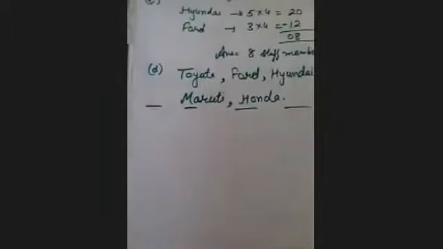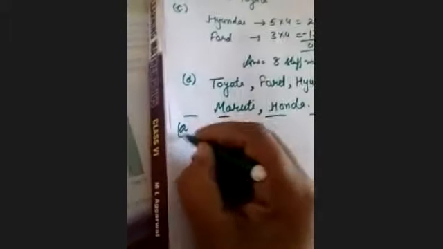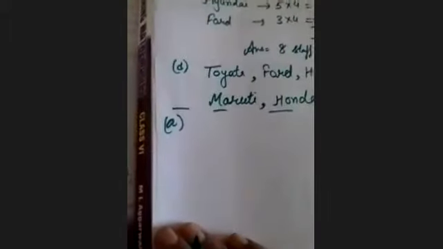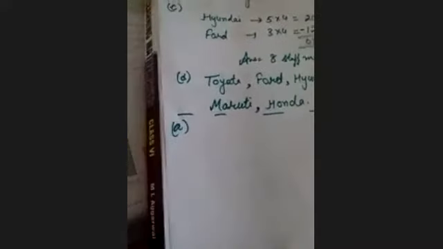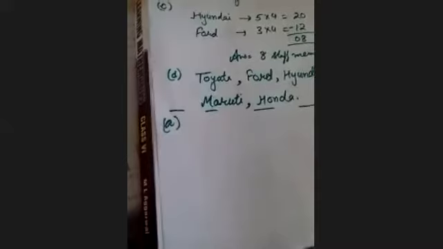First question, part A. Your first question is, what is the total number of fruit trees in this garden? Now first we'll count the total pictures.